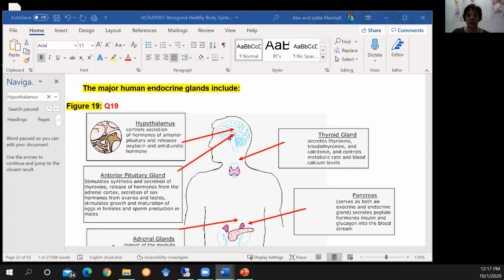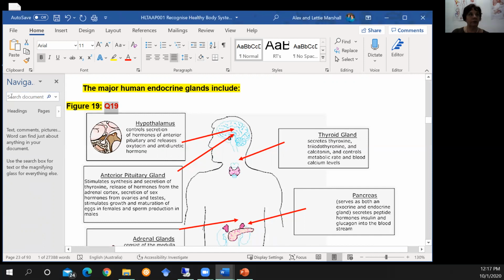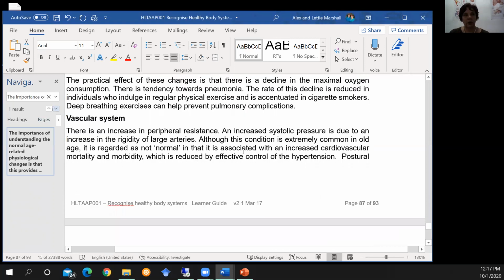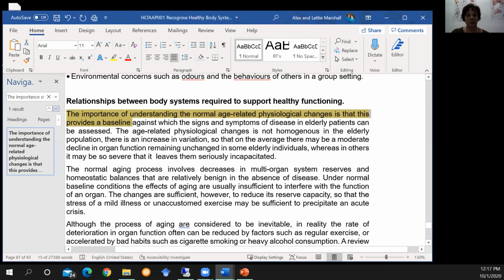And we're talking about aging, question 20. Discuss aging and the relationship between the body systems. This is on page 87.